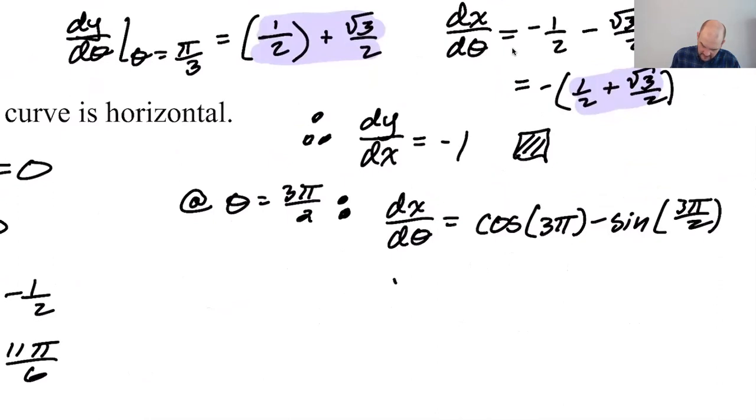Okay, so dx d theta is going to be, the cosine of 3 pi is -1. The sine of 3 pi over 2 is -1, but it's minus that, so minus -1 equals 0.